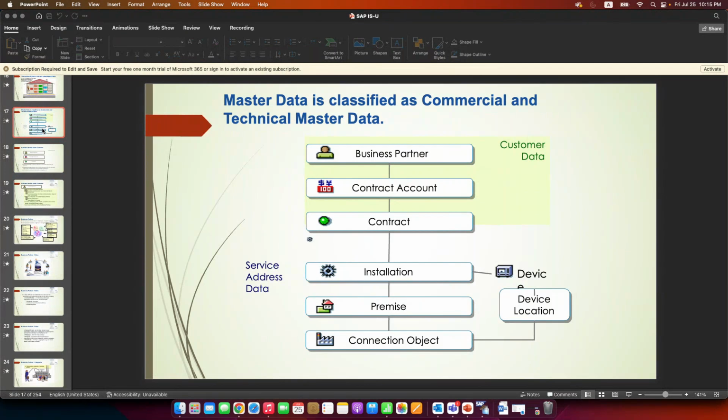Service in the sense, one installation for electricity, one installation for gas, one installation for water, one installation for waste management. So the relation again, as many installations as you have, that many contracts will be created. That is the relationship between your BMD, business master data, and technical master data.